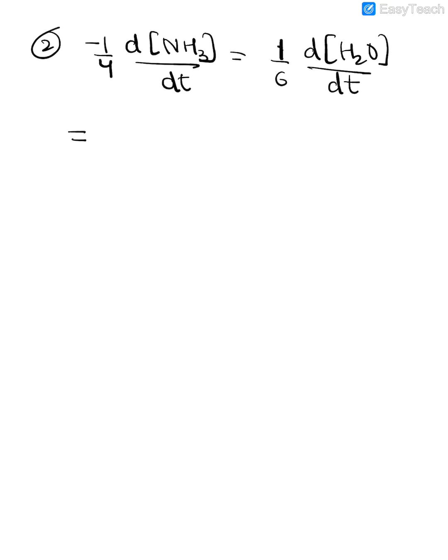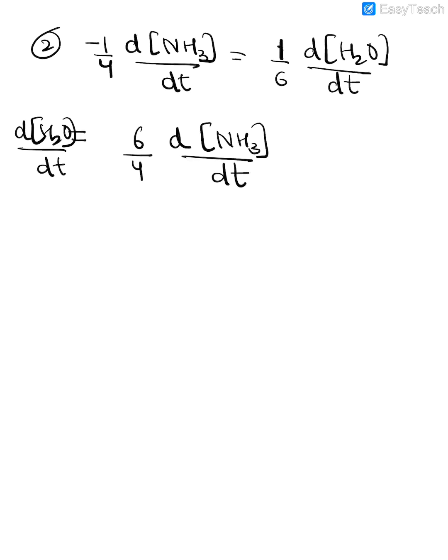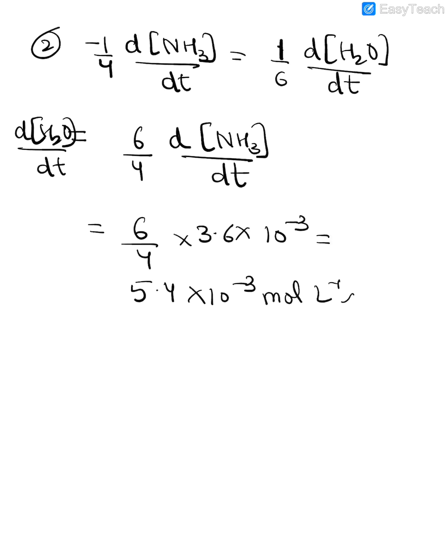So this is equal to 6 by 4 into d[NH3] by dt. So this is 6 by 4 into 3.6 into 10 to the power minus 3. That is equal to 5.4 into 10 to the power minus 3 moles per liter per second.